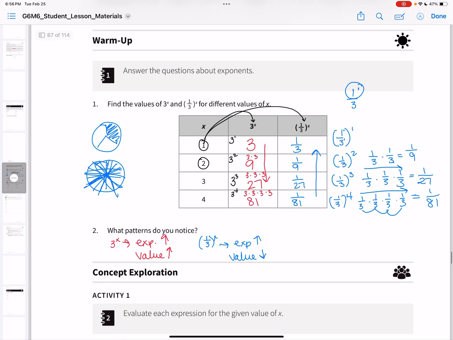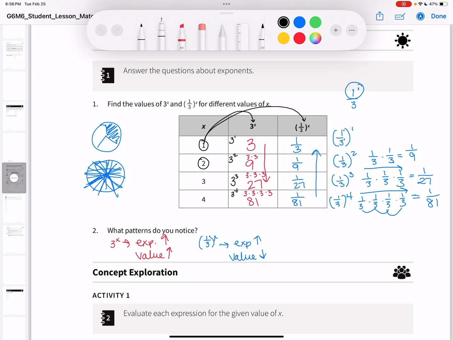So we have here, these two columns are reciprocals. So 81 to 1/81st.